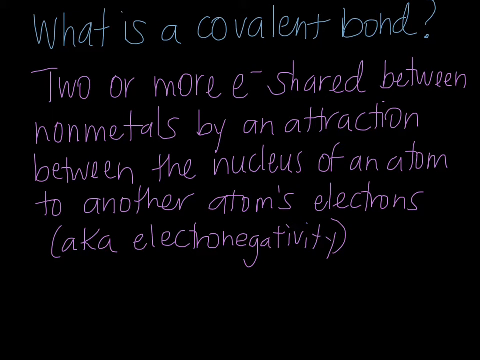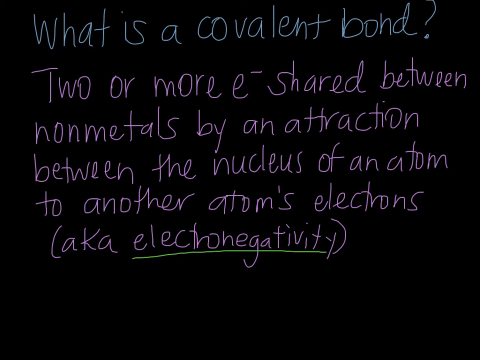Okay, so a covalent bond is when you have two or more electrons that are shared between nonmetals. And the reason that this occurs is that there is an attraction between the nucleus of an atom to another atom's electrons. That's basically what electronegativity is, the ability to attract electrons due to your positively charged nucleus.